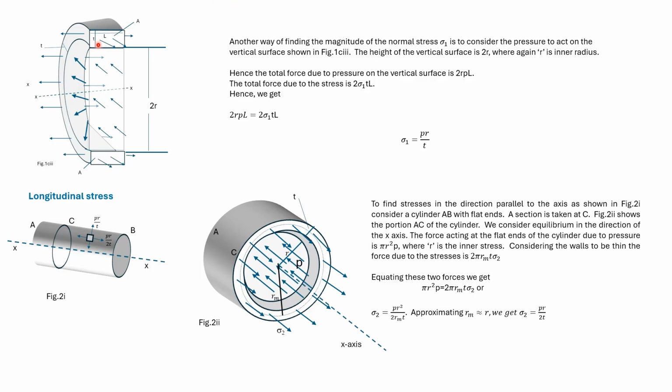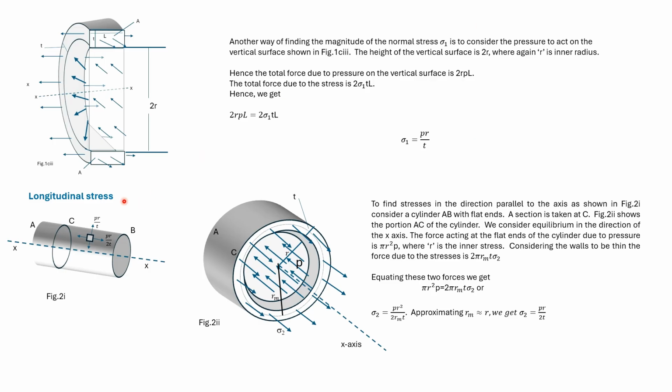Here the thickness is T and the breadth is L. So the total force acting would be 2 sigma 1 T into L. We equate these two forces in the horizontal direction. We then get sigma 1 is equal to P r divided by T. The same equation was determined earlier.